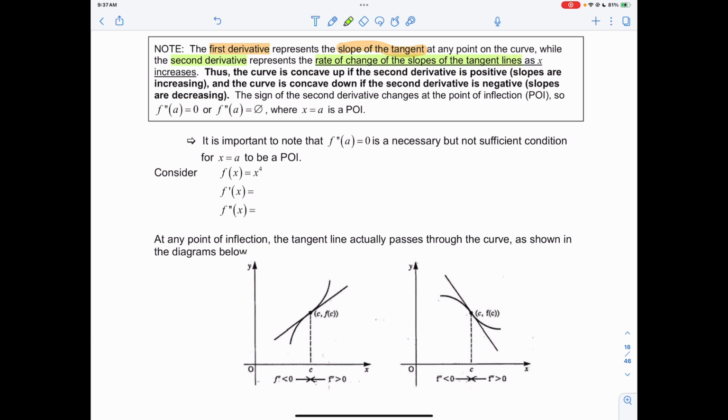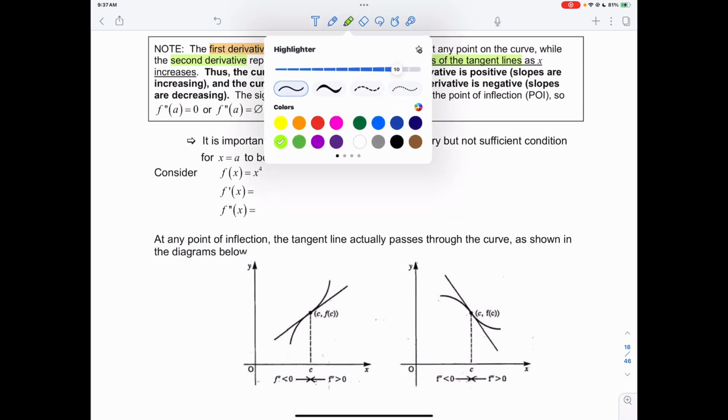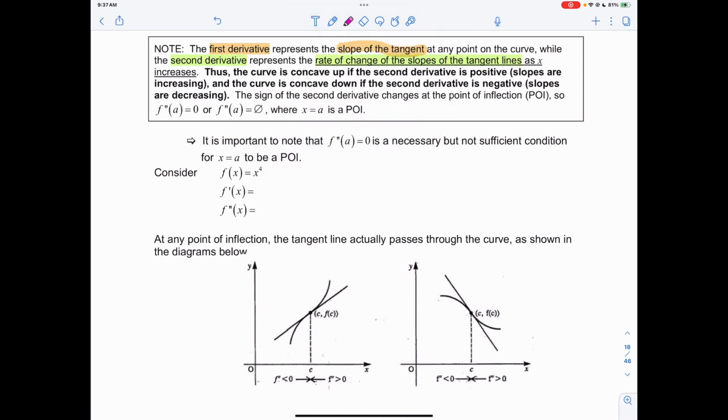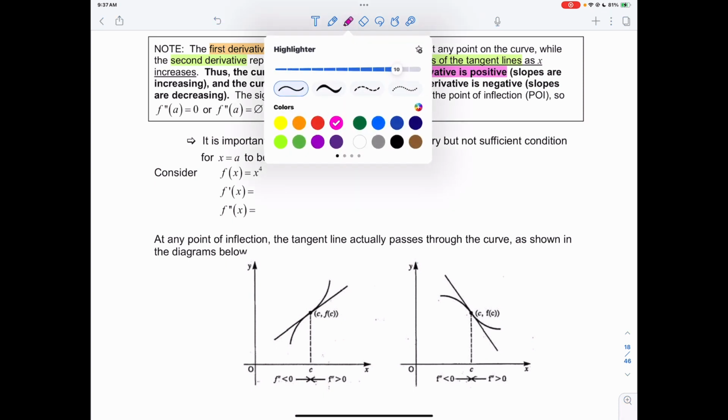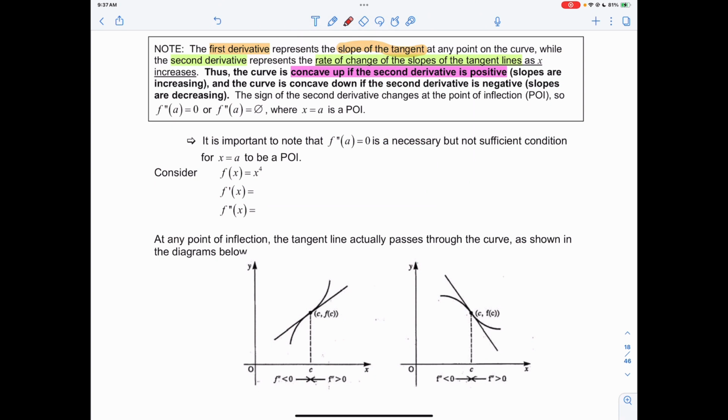Thus, the curve is concave up if the second derivative is positive, and the curve is concave down if the second derivative is negative. The sign of the second derivative changes at the point of inflection.